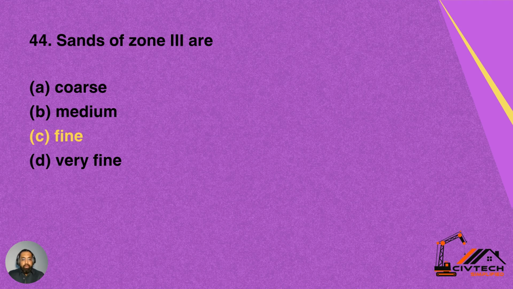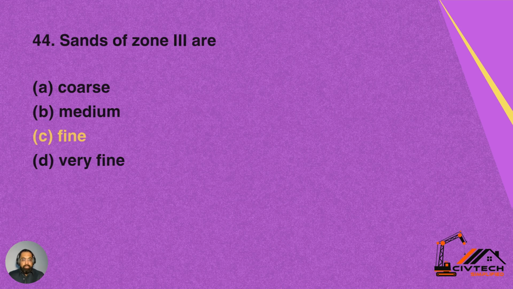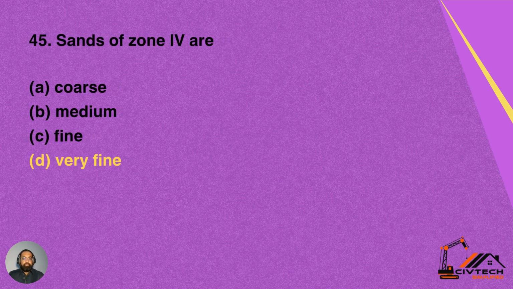Sands of zone 3 are: option A coarse, B medium, C fine, D very fine. So sand of zone 3 are normally fine sands. Option C is the correct answer for this question. Sand of zone 4 are very fine.